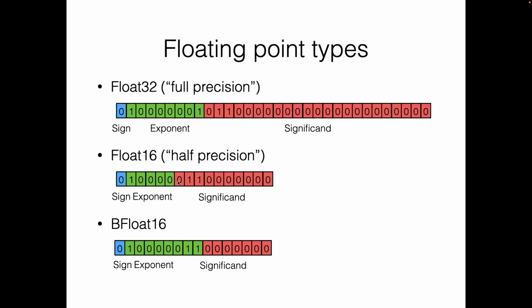Anyone have any thoughts on the trade-offs? Yeah, exactly. So the exponent in some sense controls the range, or the scale, and the significand really helps with finer-grained precision.